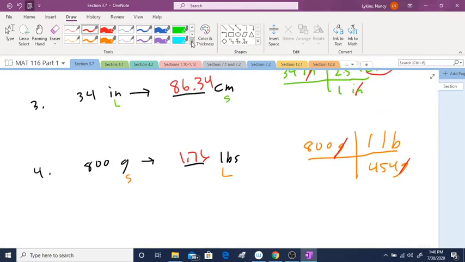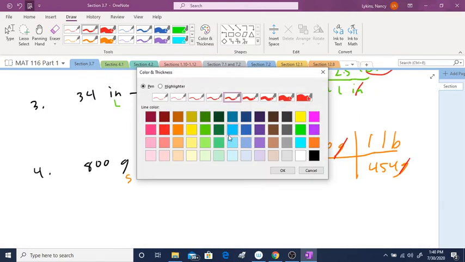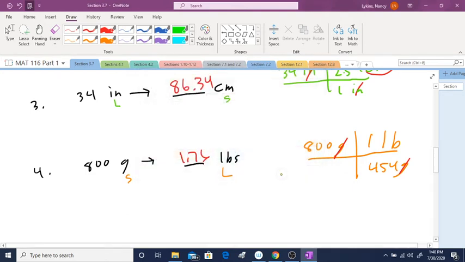Okay, one other thing I want to talk about before I go to my next example is understanding this, which kind of relates back to number 3 in a way. When you have 1 meter, usually we use centimeters or millimeters.